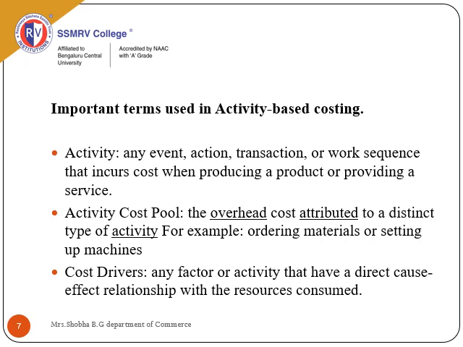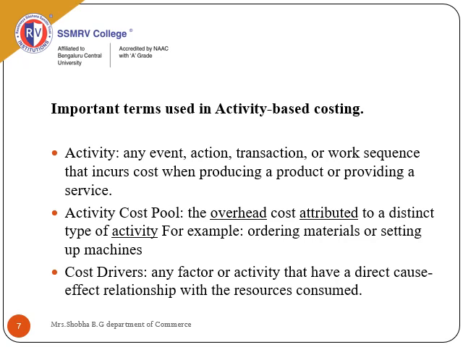Then the next term used is activity cost pool. It means the overhead cost attributed to a distinct type of activity. For example, ordering materials or setting up of machines. So activity cost pool is a term which is used under the ABC. When we allocate the overhead or the general expenses to a particular activity, we call it a cost pool.